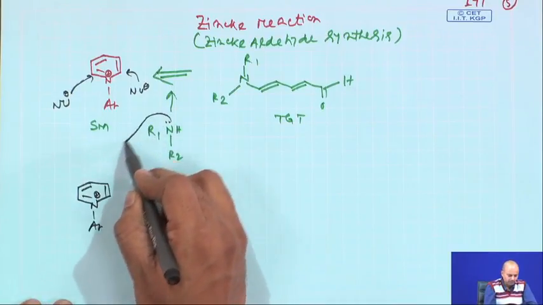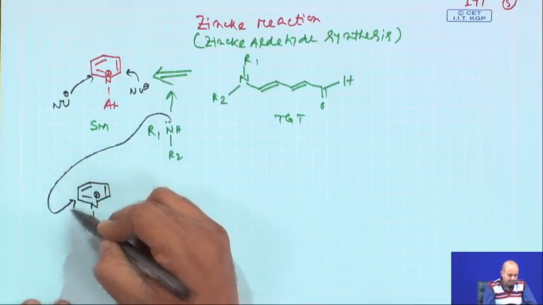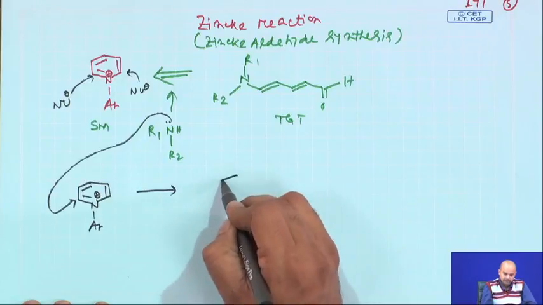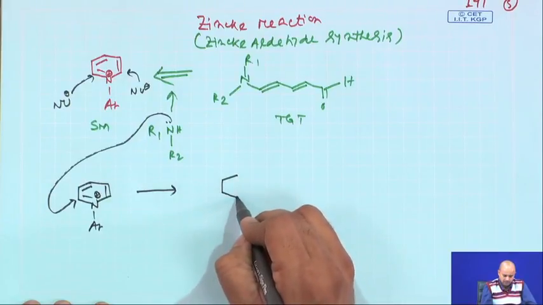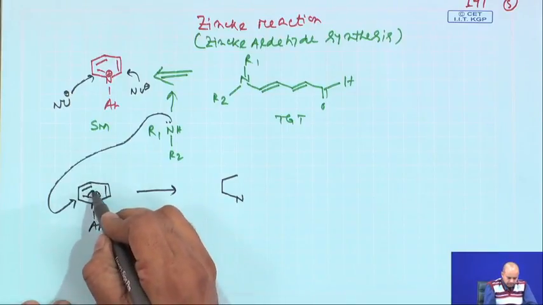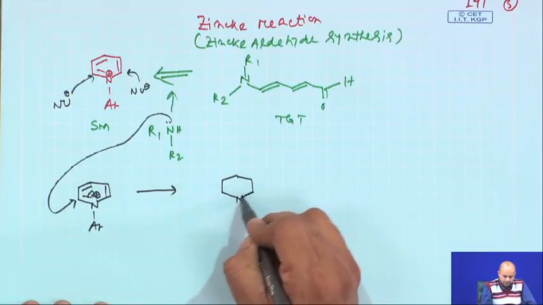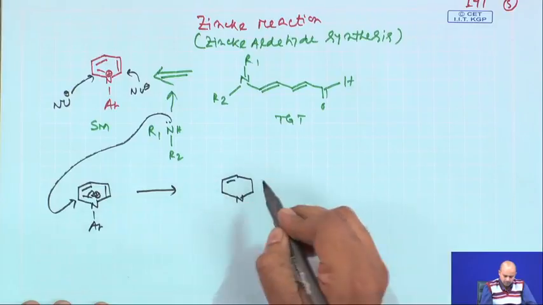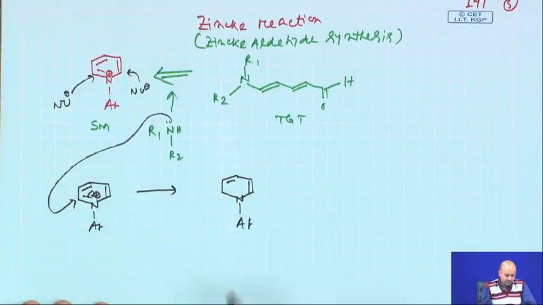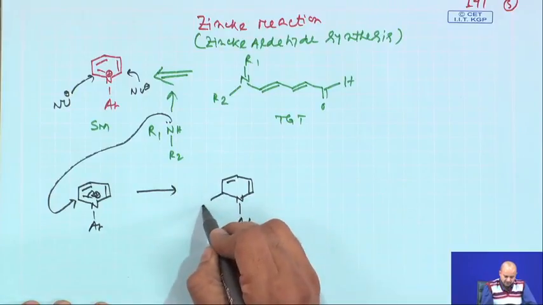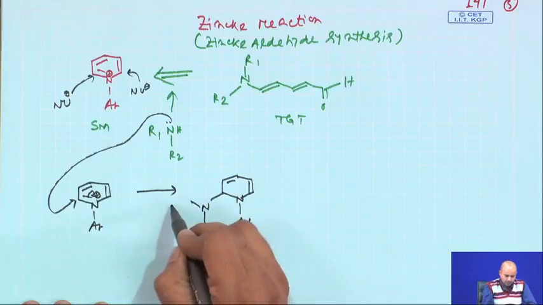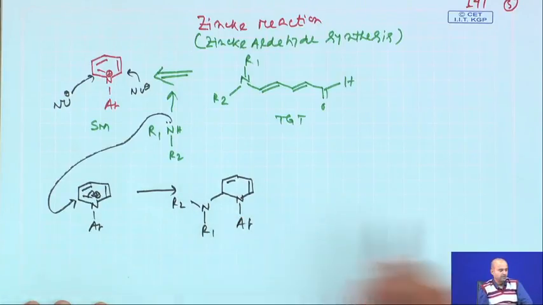This amine first attacks this carbon at the 2 position, and then the quaternary nitrogen is quenched. So, basically we have this Ar, and then this nitrogen acting as a nucleophile, this amine R1 R2. R1 R2 could be anything depending on your choice.